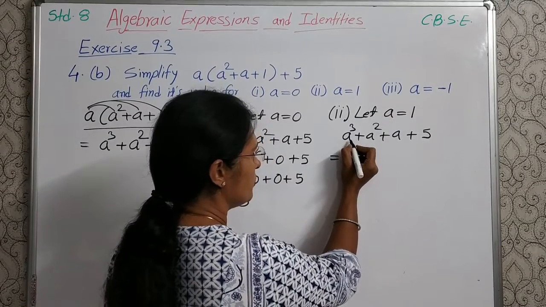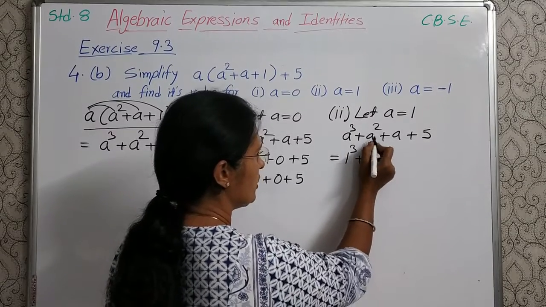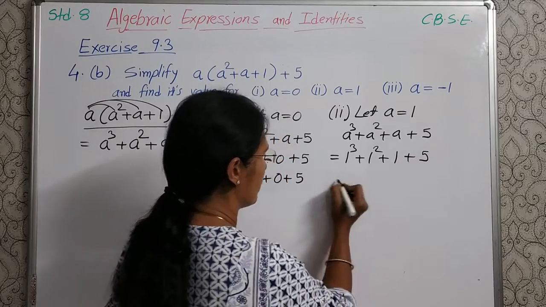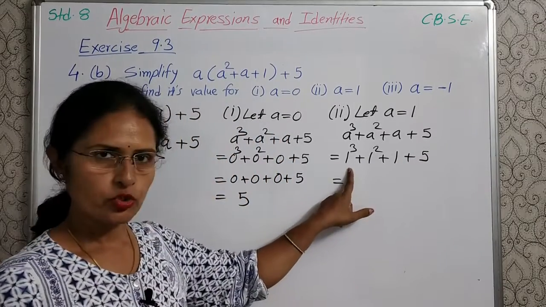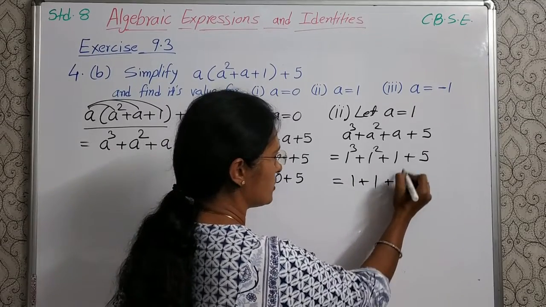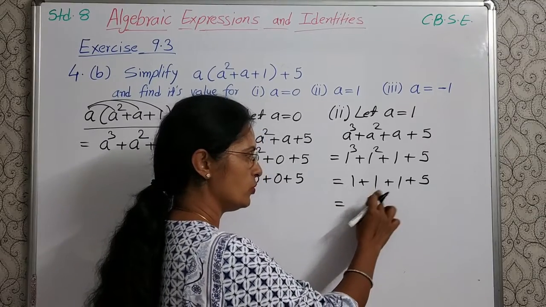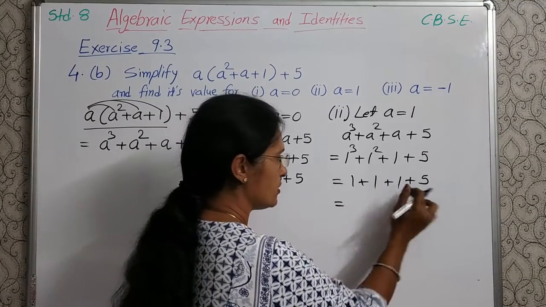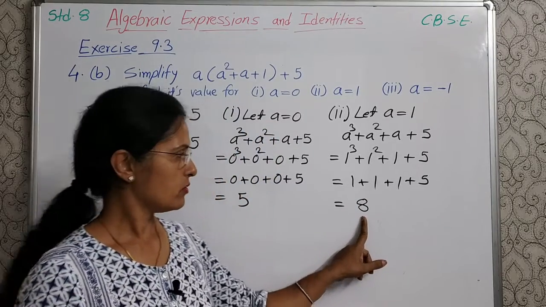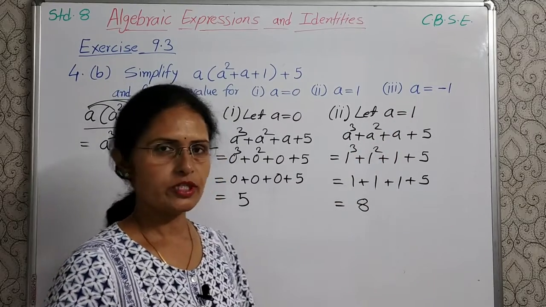So here a cube, for a will write 1 and this cube as it is. So 1 cube, here 1 square, here 1 plus 5. Next, 1 cube is 1. 1 square is also 1 plus 1 plus 5. Now solve this. 1 plus 1 is 2 plus 1 is 3 plus 5 is 8. So the answer is 8 when we substituted a is equal to 1 in this expression.